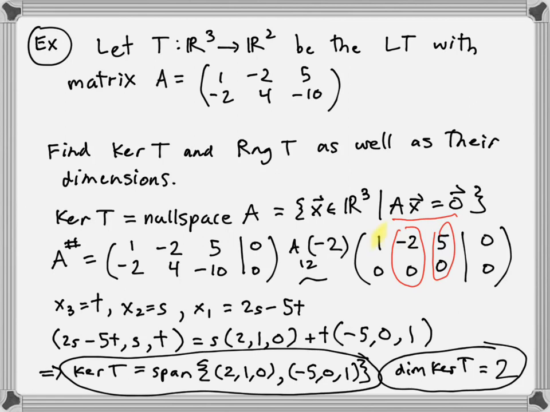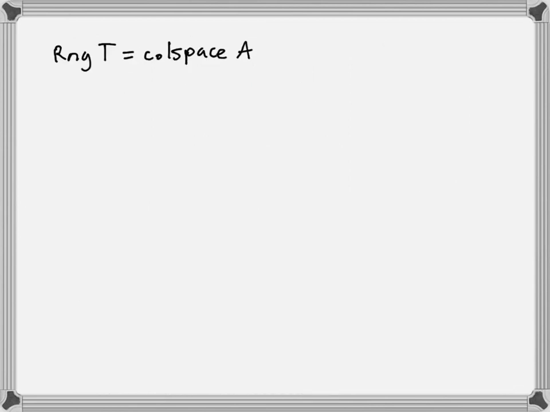So this guy has a leading 1, in which case it corresponds to the first column over here. And so the range of T, which is the column space, is equal to the span of just that column, which is 1, -2.